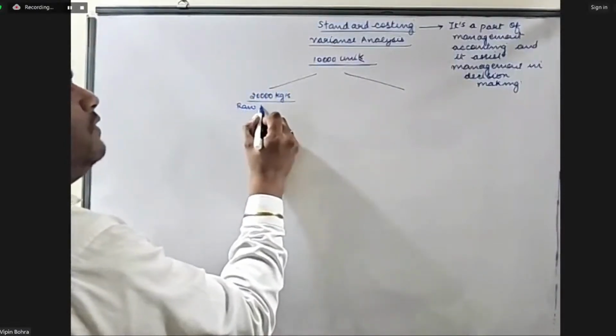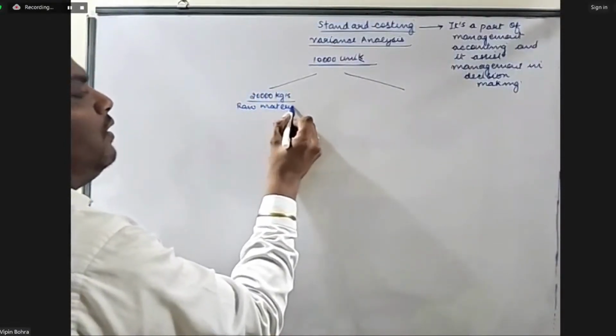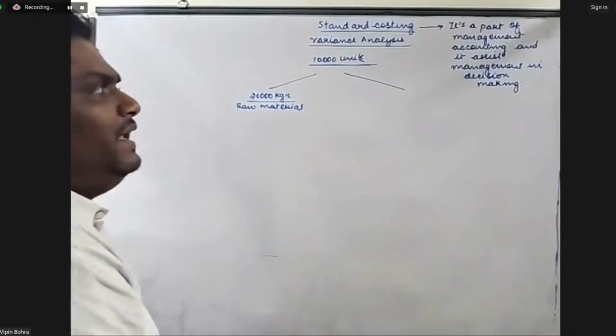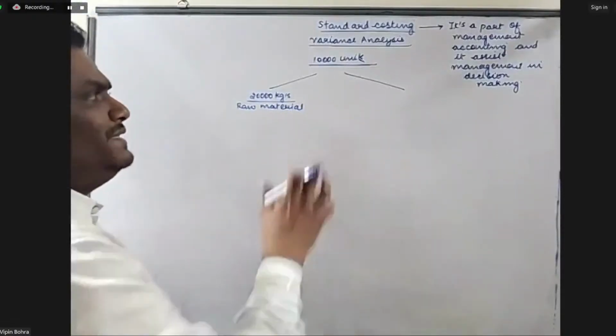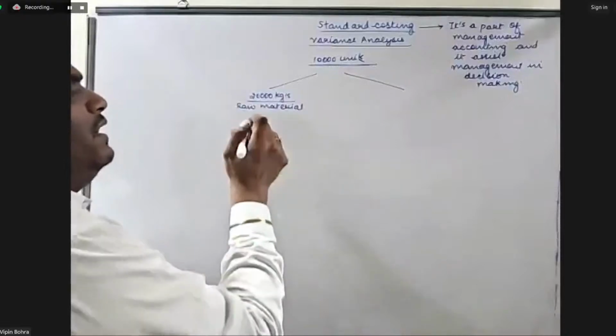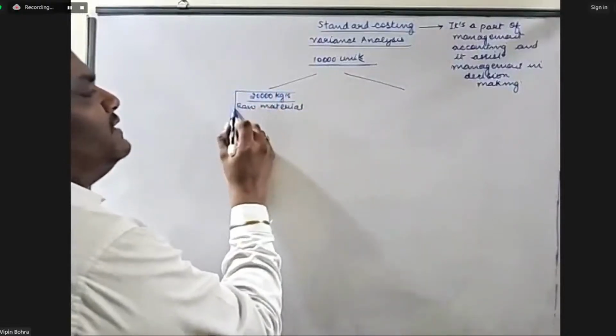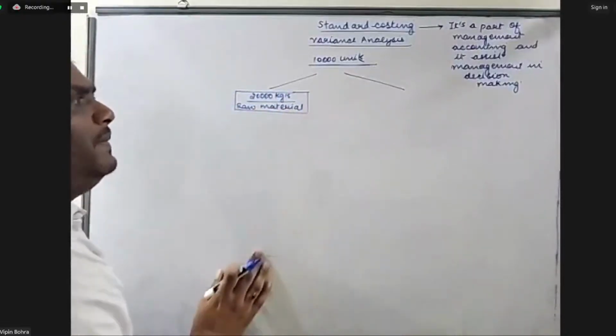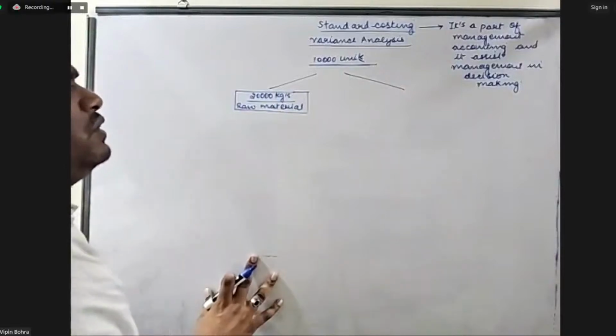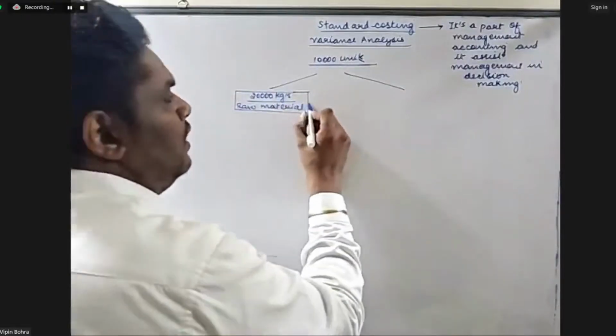I repeat again, as per the target set, these 10,000 units will be manufactured using 20,000 kgs of raw material.